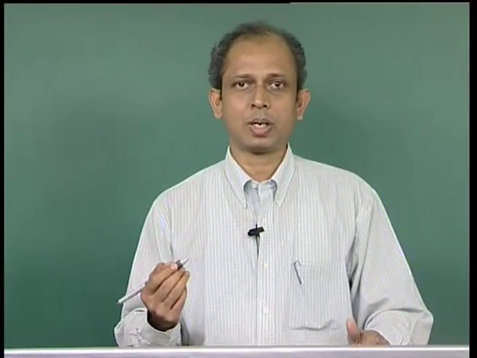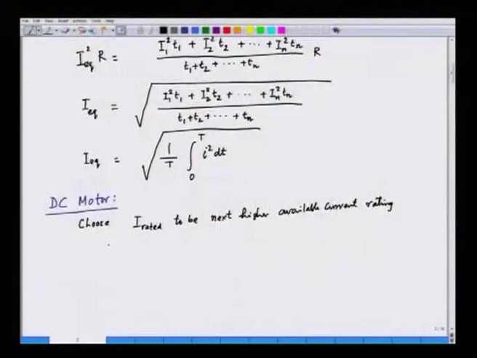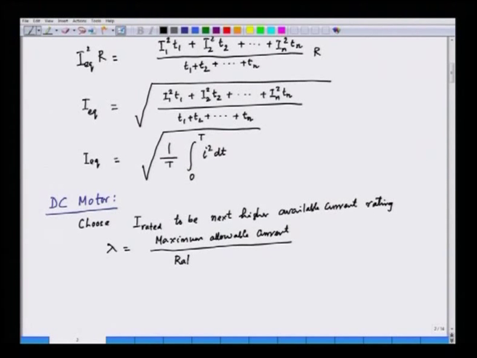Lambda is a constant which is defined in a DC motor as follows: lambda is equal to the maximum allowable current divided by the rated current, and this is approximately equal to 2.5, let us say.